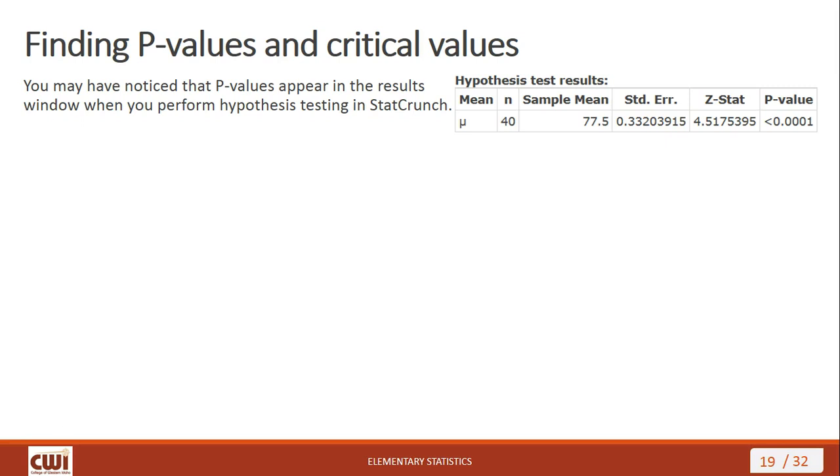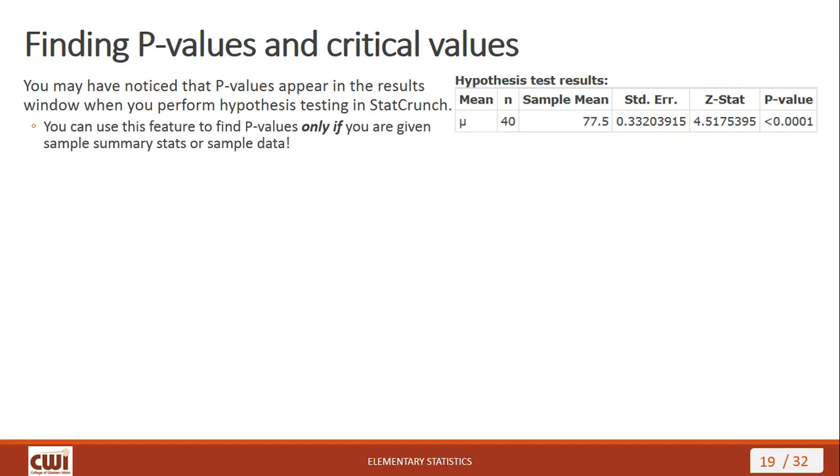Just as we were talking about, p-values appear in our results windows in StatCrunch. There's a caveat to this: you can use this feature to find p-values only if you're given sample summary stats or sample data.